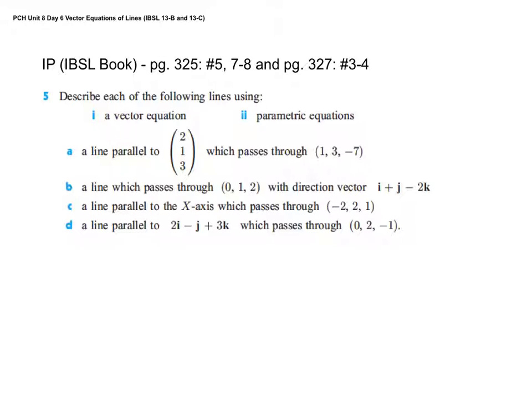If we want a line parallel to 2, 1, 3, that's telling us the velocity that we want, and it passes through that point. You can use that point as your starting point. So give these a try. You've got vector equations and parametric equations that you need to get for these, and then some other problems where you actually use them.